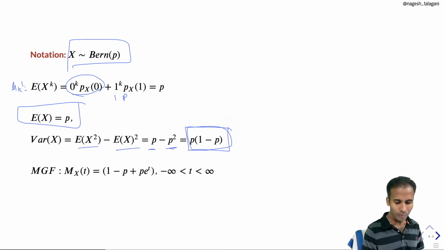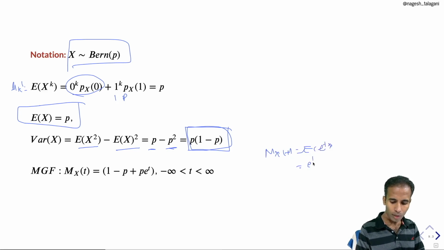M_X of t is 1 minus p plus p e^t, because what is the MGF? Expectation of e^(tX), that is e^(t times 0) P_X of 0 plus e^(t times 1) P_X of 1. e^0 is 1, so 1 times (1 minus p) plus e^t times p.